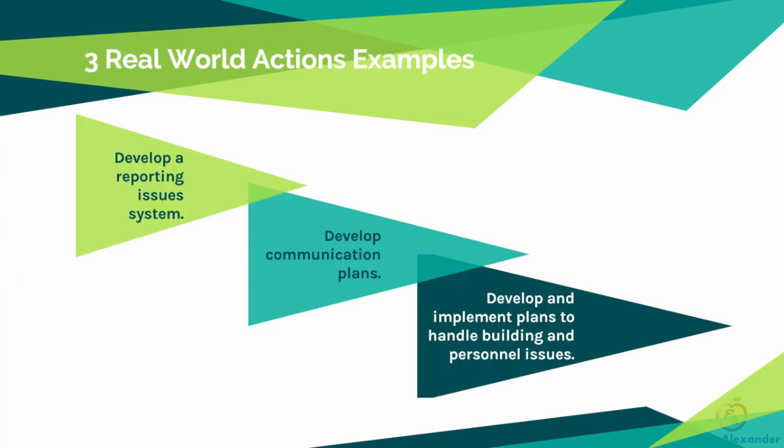So 3 real world actions and examples. Develop a reporting system for issues. So if something would happen on your campus, how do teachers report it? If they go and see that a window is broken, how do they report it? If they see, you know what, every lunch shift we bottleneck right here in the hallway because we don't have a teacher on duty right there, how do they report it?